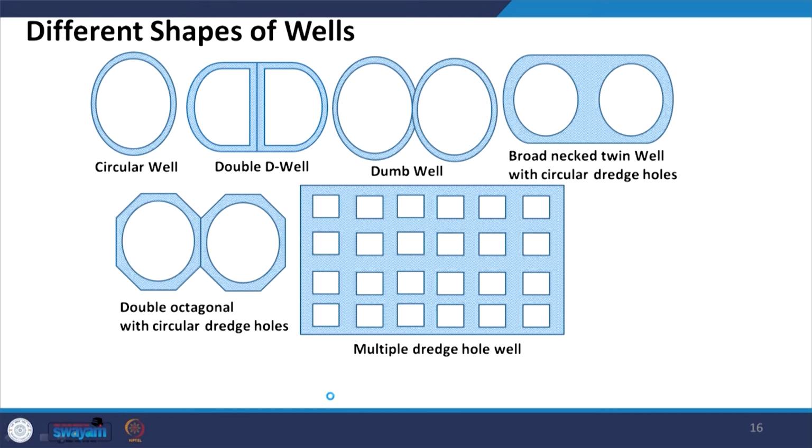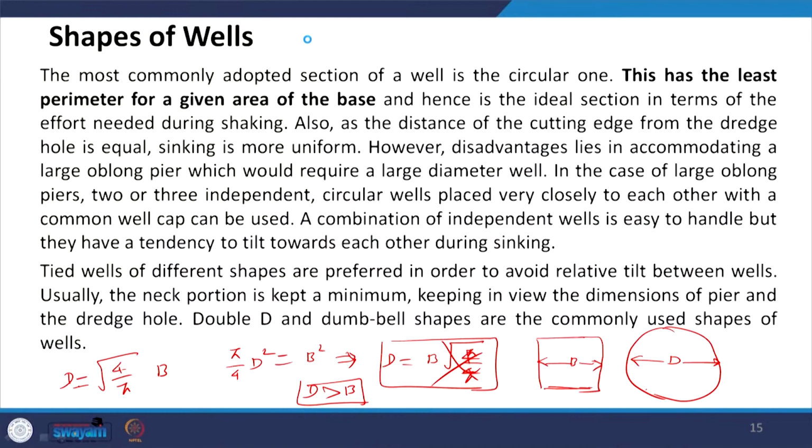The first one, circular, is the most popular, and if this does not work, then people go for the dumbbell, where two circles are connected, or the last one, the broad neck twin well. So, this was the case here. Tied wells of different shapes are preferred in order to avoid relative tilt between wells.